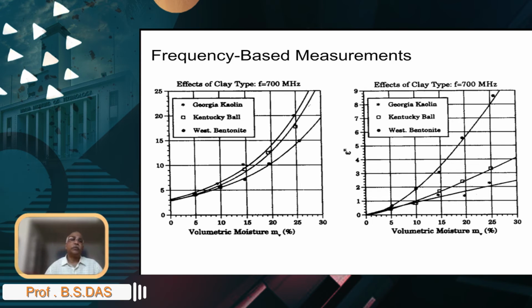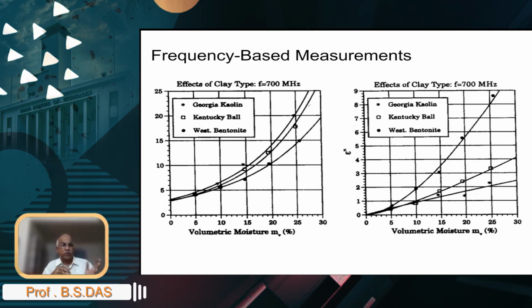several measurements, and it was noticed that if you're working in the megahertz range, for instance, your frequency is about 700 megahertz, you see that the volumetric water contents for different soils have a very smooth change in the soil wetness, leading to the dielectric constant.